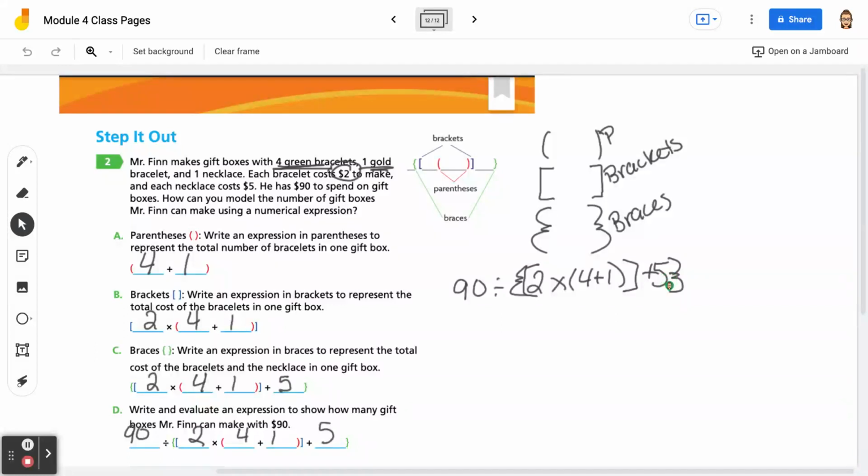So, following order of operations, we do our grouping symbols first. So we're going to our innermost set of grouping symbols, which in this case is our 4 plus 1. So I'm going to rewrite everything else. So 4 plus 1 is 5.